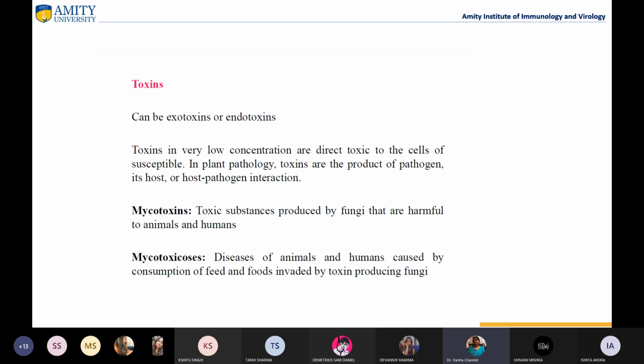So these toxins are toxic to both humans and plants. Sometimes certain diseases in plants are caused by a fungus and they produce toxins, and if those plants are consumed by humans, it can cause diseases in humans too. This is basically due to the toxins which are being produced, right?